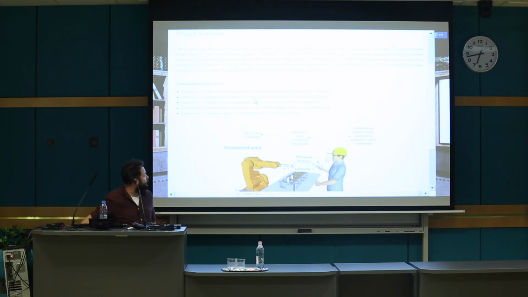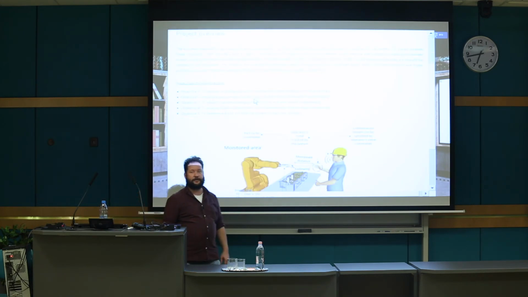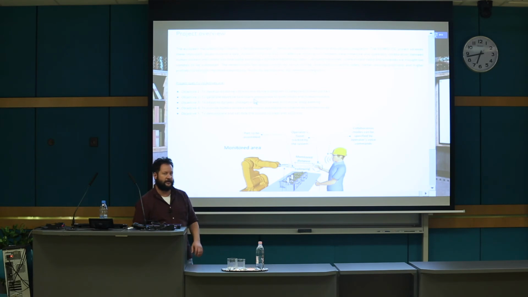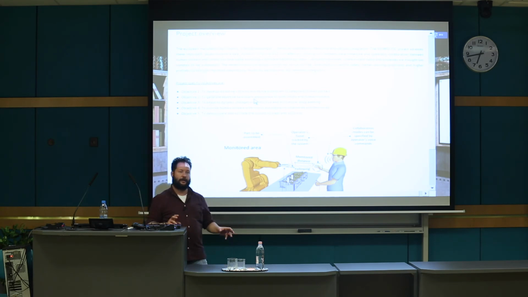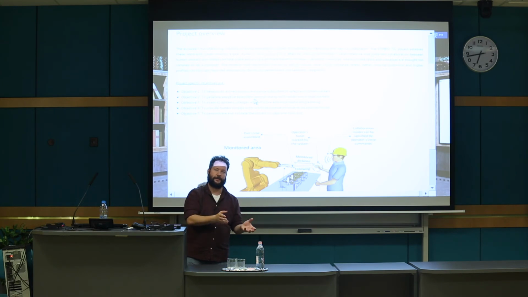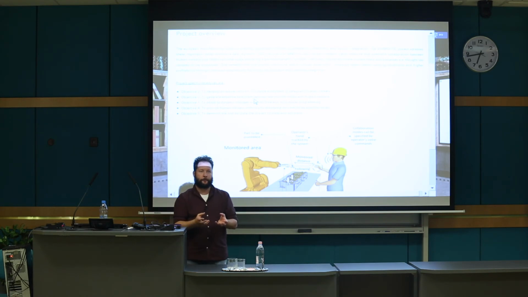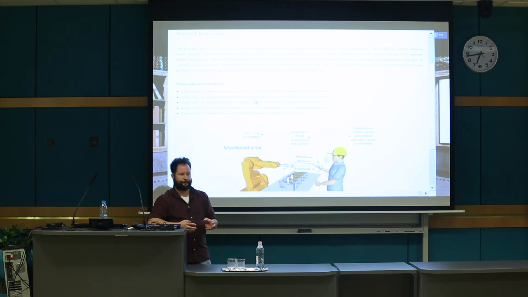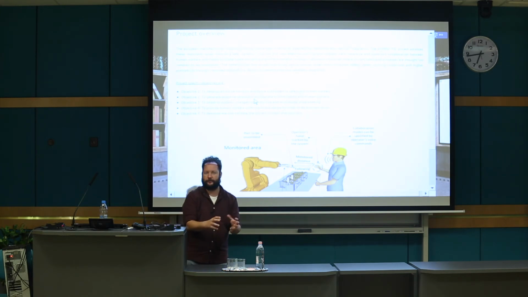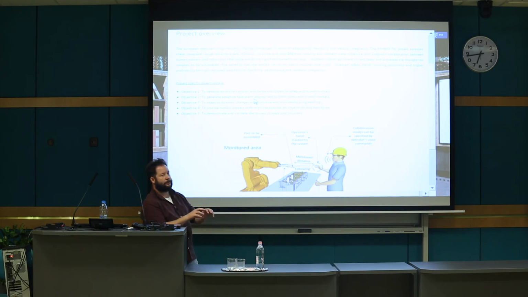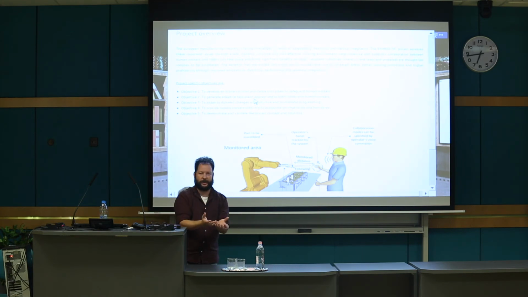how we can interact with industrial robots, and how this interaction can be put into a virtual space, or how we can use virtual reality technologies to put together with the physical world and the physical production line.